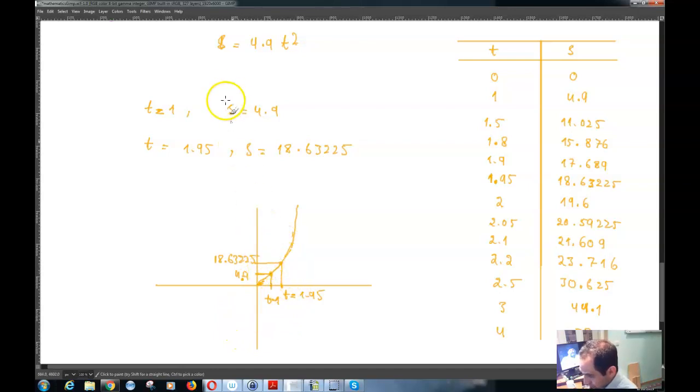So now I have these 2 points on the graph of the function, and I have many more points that I have prepared over here.